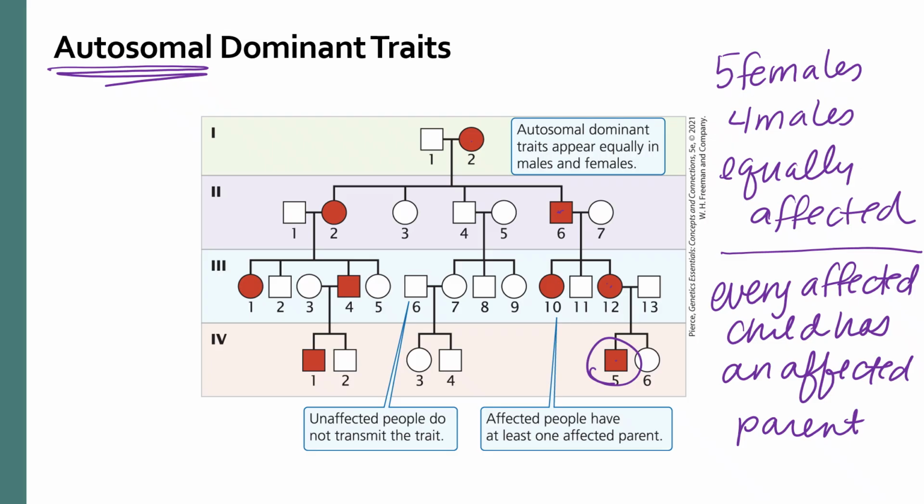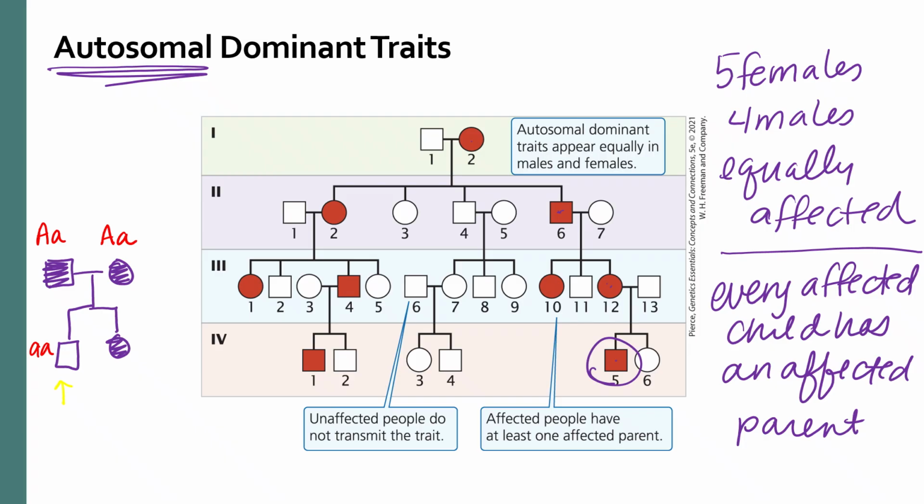The other thing that we can look for, and I actually don't know that I see one in this particular pedigree, is the opposite of our recessive. And this is where we have two affected parents and an unaffected child. So this only happens if the parents are expressing a dominant trait and hiding a recessive.